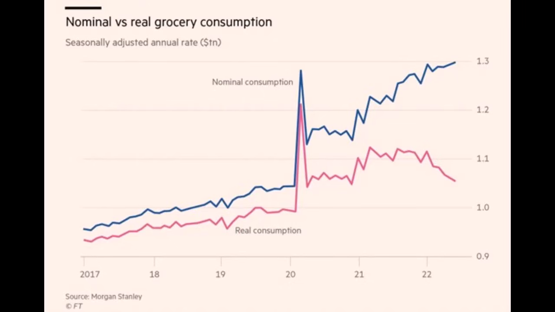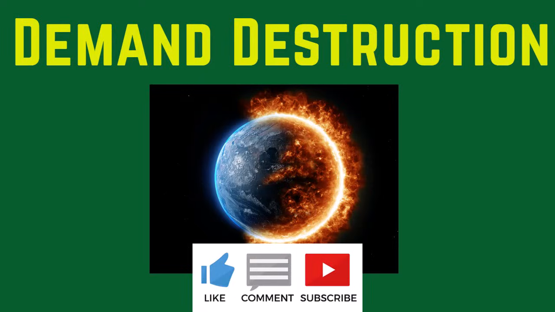So the main implication of demand destruction is that you're going to get a tighter, more restrictive economy one way or the other, whether it's through monetary policy, tightening interest rates and increasing the cost of capital and decreasing demand through less borrowing power, or through inflation, just shrinking people's budgets and forcing cuts that way.